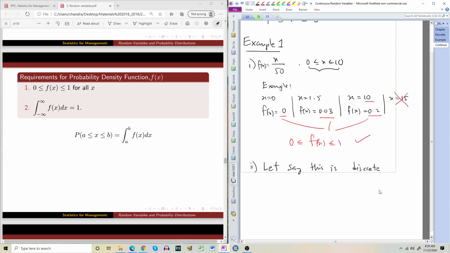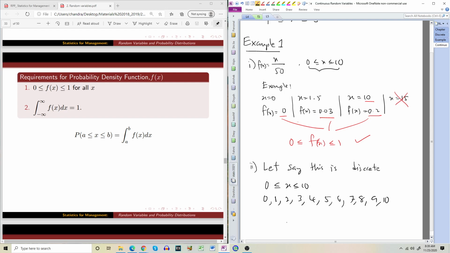If discrete, what do you have to do? From 0 to 10, what are the discrete numbers? 0, 1, 2, 3, 4, 5, 6, 7, 8, 9, 10. These are the discrete numbers.